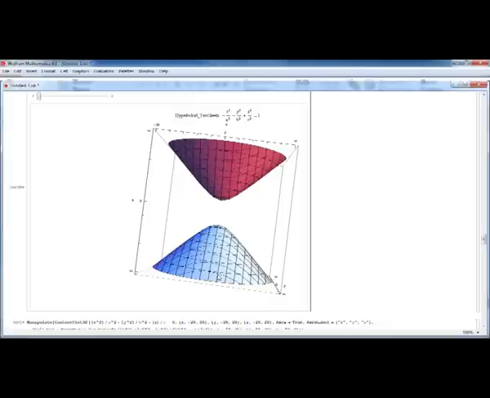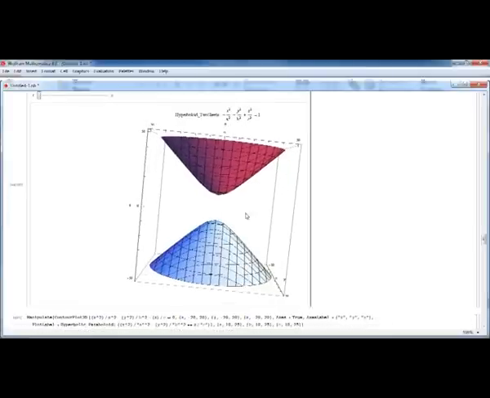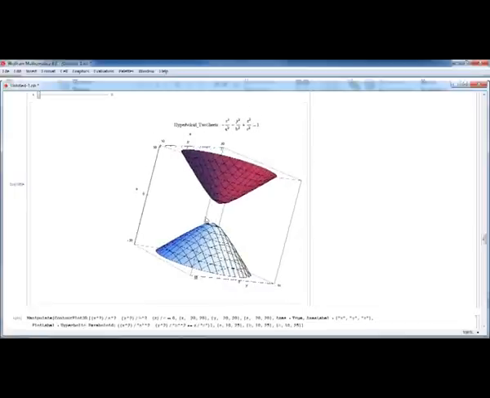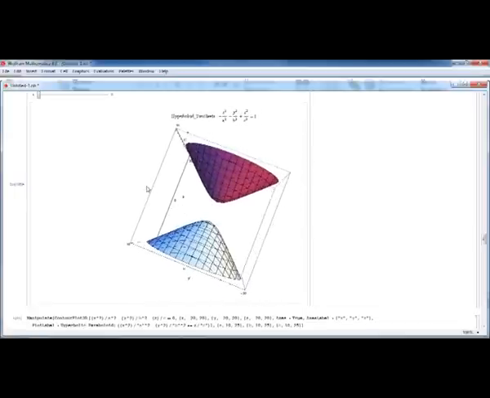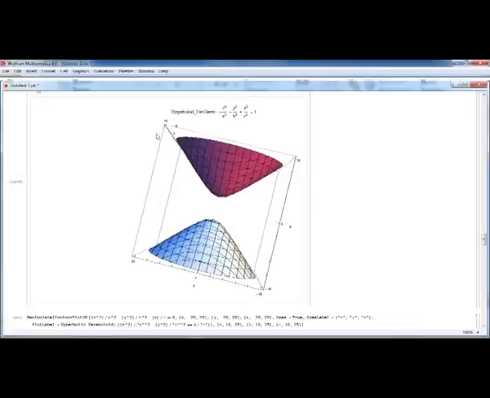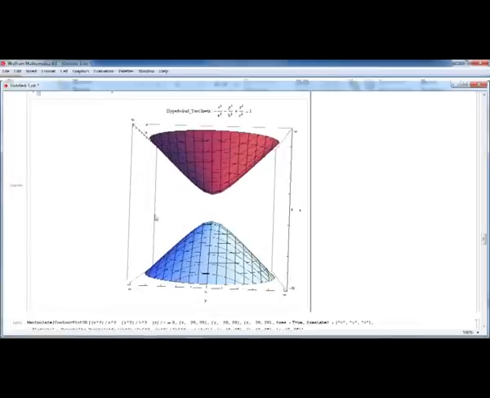Along this x-axis, we find that there's no interception. And for this y-axis, there's no interception too.